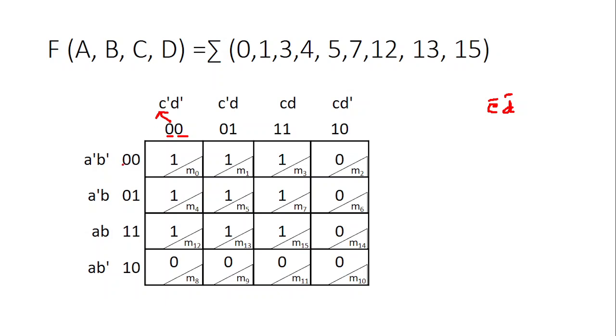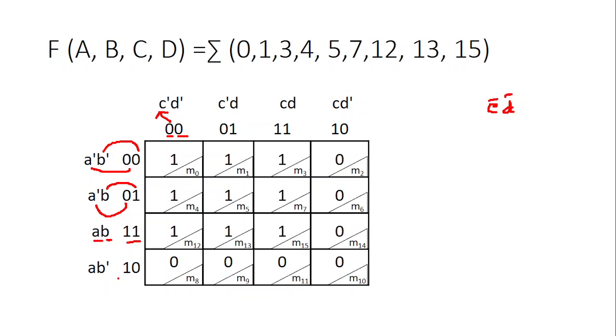In this case, it is 0, that means A's complement, that is A bar, and B's complement, that is B bar. Here, A's complement, but B is 1, so when you have the value 1, you write it as it is.